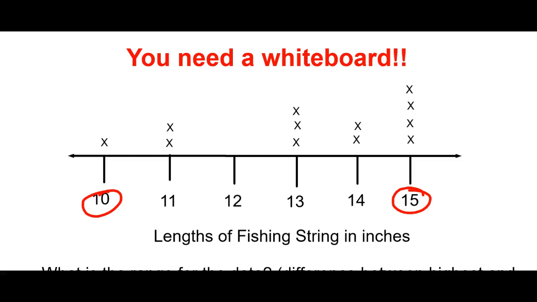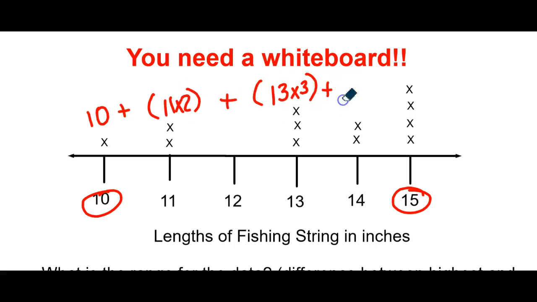To figure out how many total inches of fishing string were measured for this line plot, I would have 10 plus, right here I have 11 times 2, plus 3 fishing lines that are 13 inches, plus 2 that are 14 inches, plus 4 that are 15 inches. If I wanted to know how many total inches of fishing line there were, I would have to solve this entire equation.